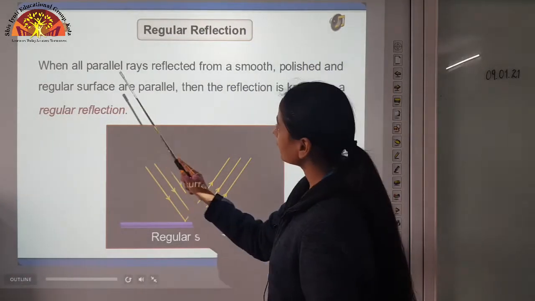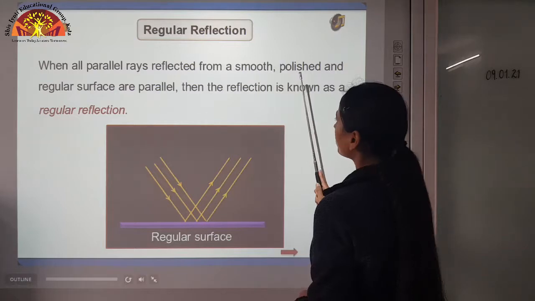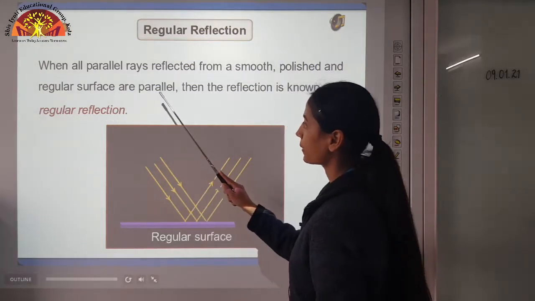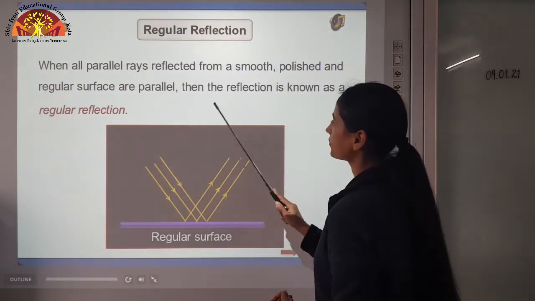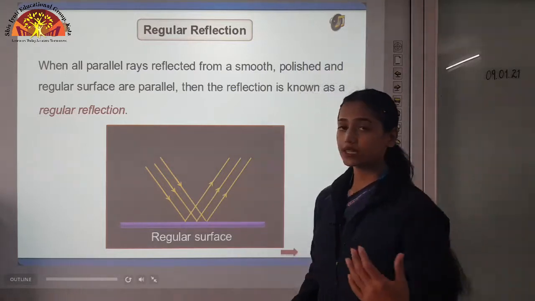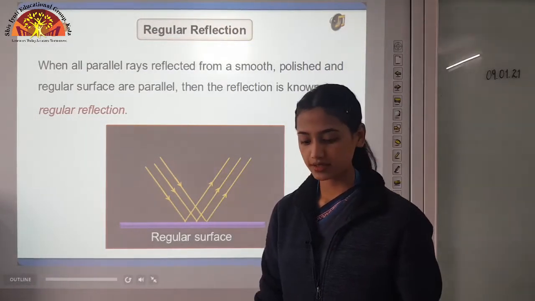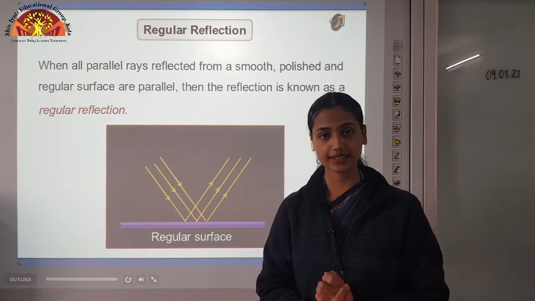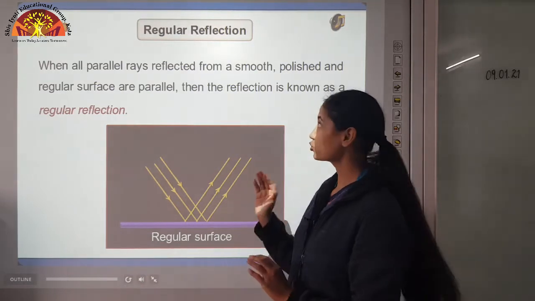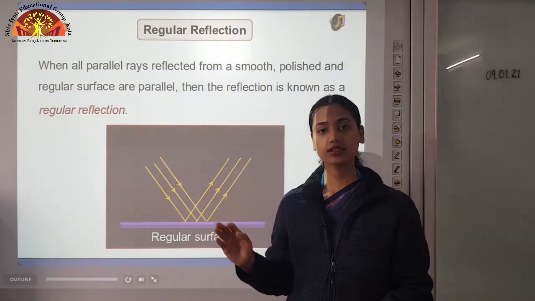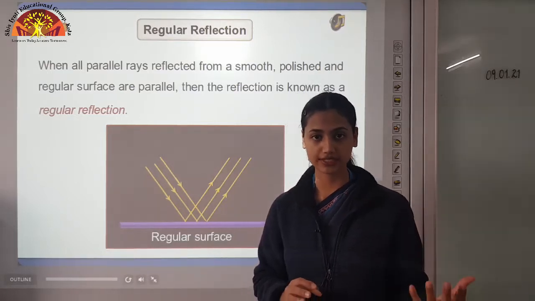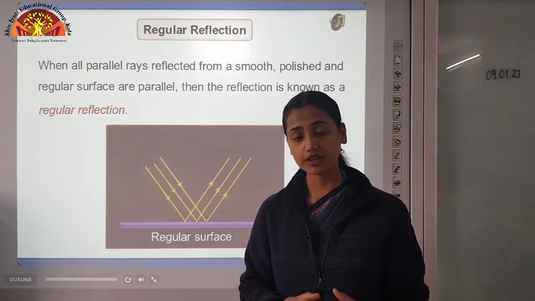So when all parallel rays reflected from a smooth, polished and regular surface are parallel, then the reflection is known as regular reflection. What are the examples of smooth surfaces? Like a mirror, that is the best example of a smooth polished surface. Then the metallic plates which we see at our homes, that is also a polished surface.